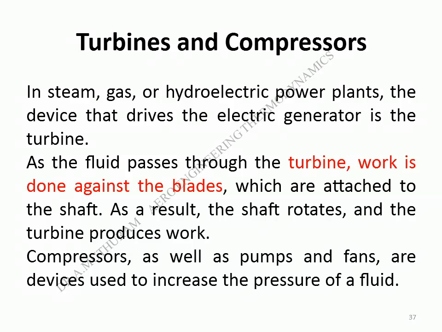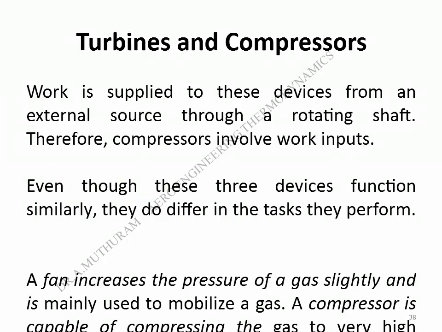As a result, the shaft rotates, and the turbine produces work. Compressors, as well as pumps and fans, are devices used to increase the pressure of a fluid. Work is supplied to these devices from an external source through a rotating shaft. Therefore, compressors involve work inputs.